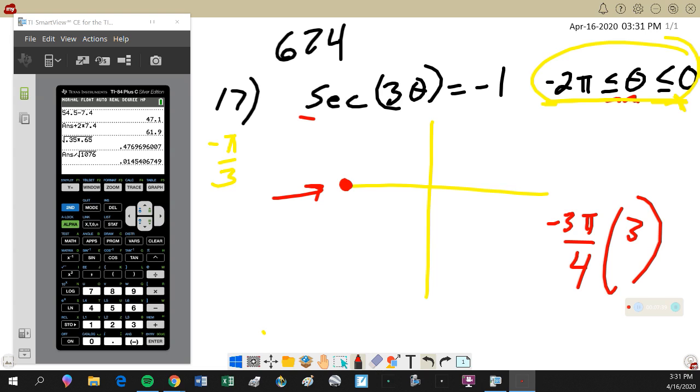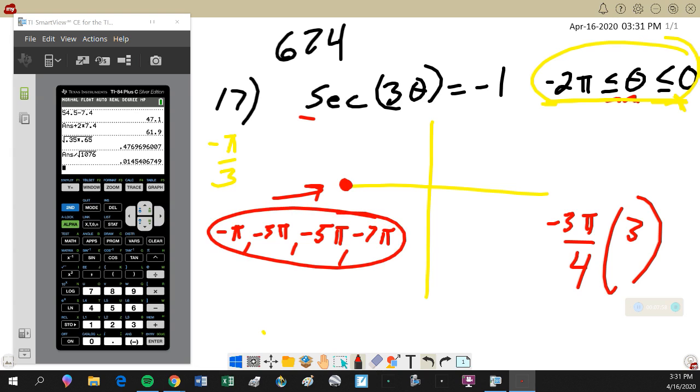So I want to pick angles that I can triple, and I get a result that's a negative odd number. So I want negative pi, or negative 3 pi, or negative 5 pi, or negative 7 pi. Those are the numbers that I want to get when I triple.